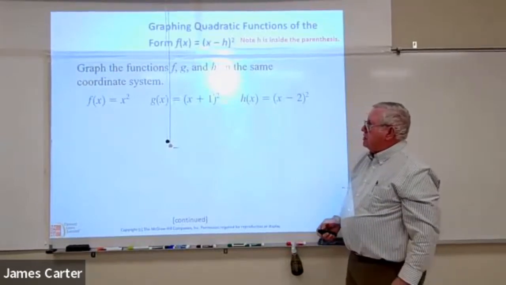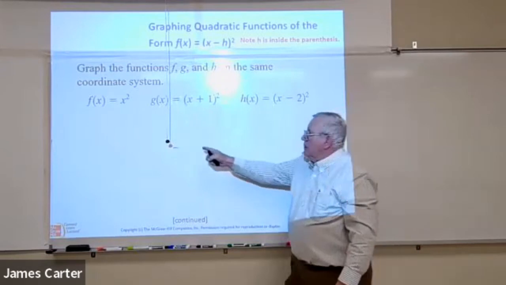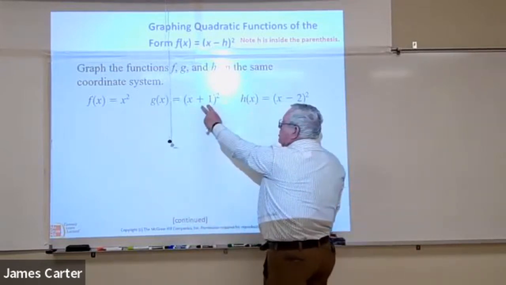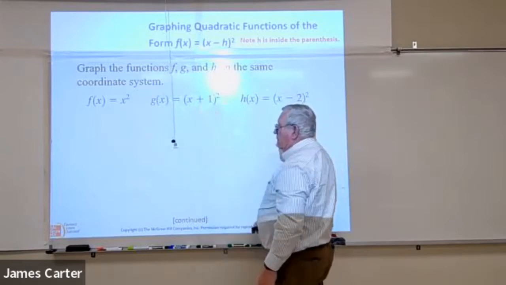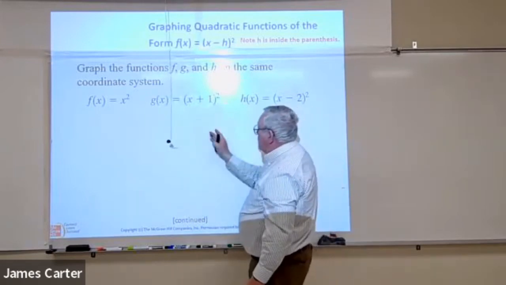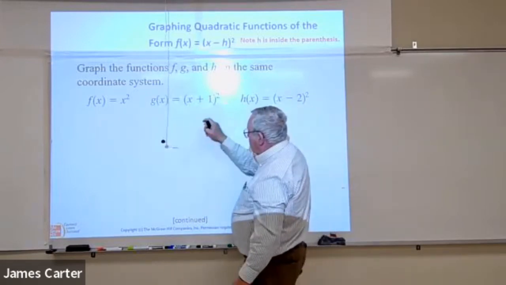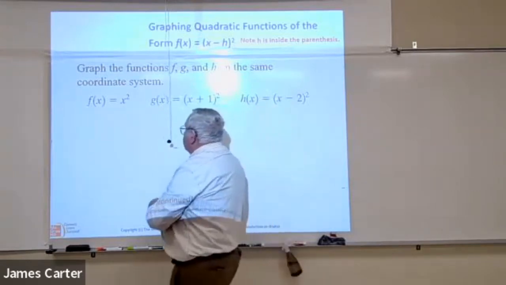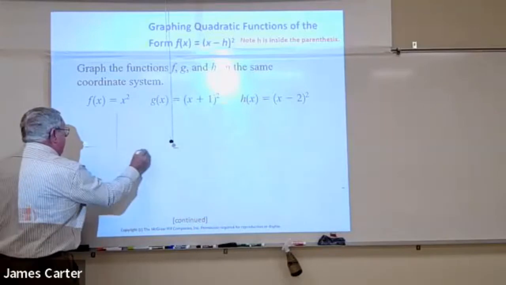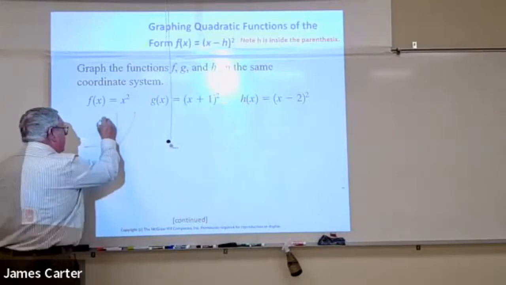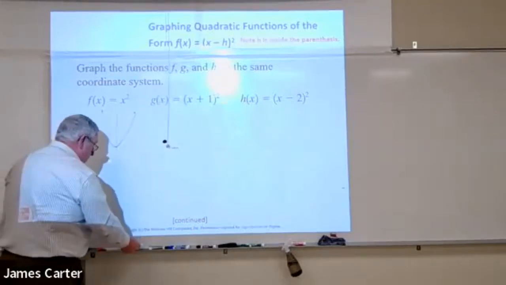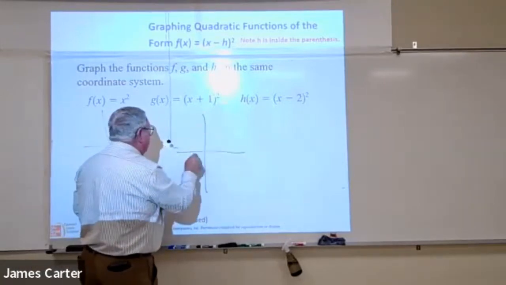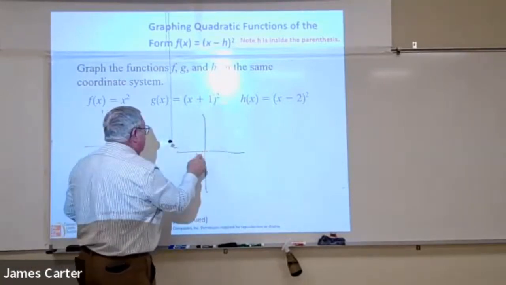Set of equations. We've seen this one before, right? What's this one going to be? It's just going to be shifted one place to the left and go up here and here. If this one is this, then this one is going to be shifted one to the left.